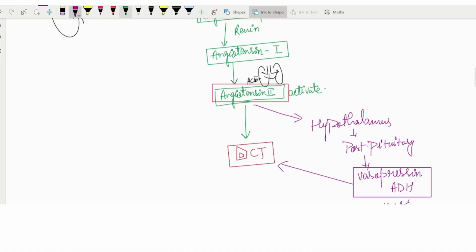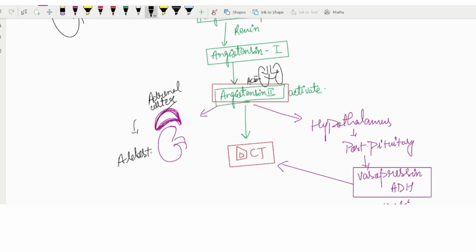And then next, angiotensin second is giving the signal to the kidney, and we know we have the adrenal gland above the kidney. From the adrenal gland, the adrenal cortex actually, one hormone is secreted, known as aldosterone.